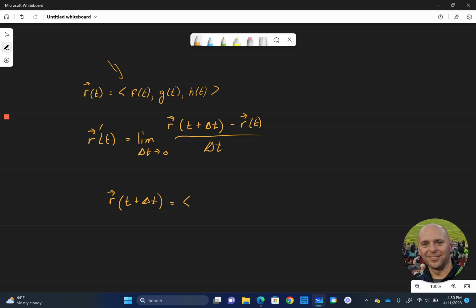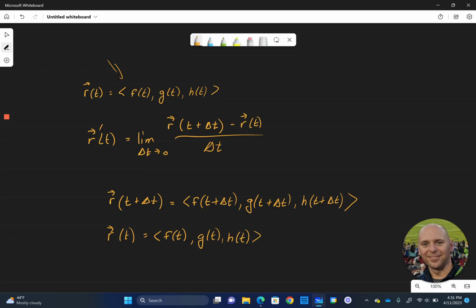So this is f of t plus delta t, g of t plus delta t, h of t plus delta t. Obviously, we know what r of t is. Just rewriting that from above, we've got f of t, g of t, and h of t. It's a little redundant, but that's okay.